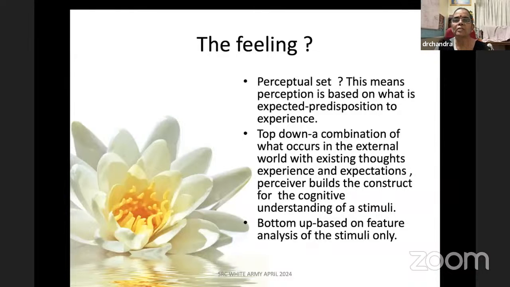And the perceptual set: do you have a set inside? Based on that, you put your information. This means perception is based on what is expected, or a predisposition to an experience. That is, you have a set. For example, if you see a child, you can get a condition called Capgras delusion. What is Capgras delusion?